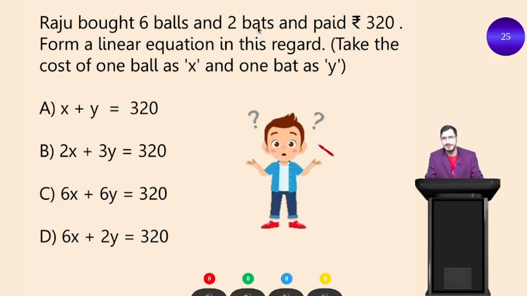Which option is correct here? From the linear equation for this particular situation: x plus y is equal to 320, 2x plus 3y is equal to 320, 6x plus 6y is equal to 320, or 6x plus 2y is equal to 320. So which option is correct here?